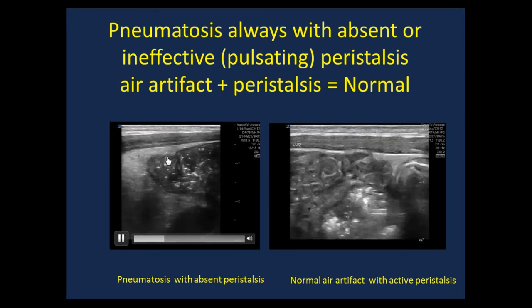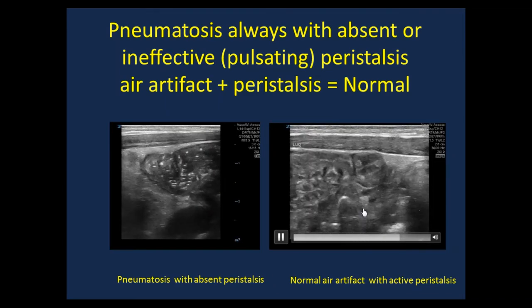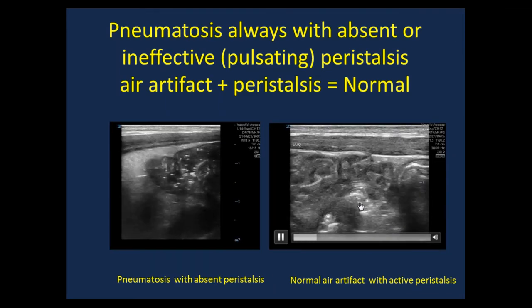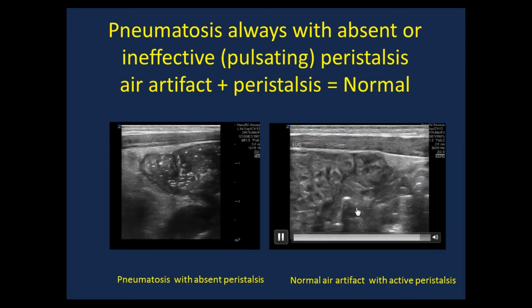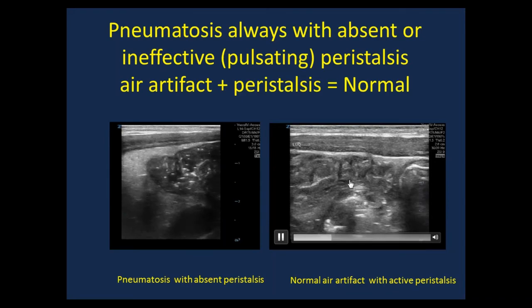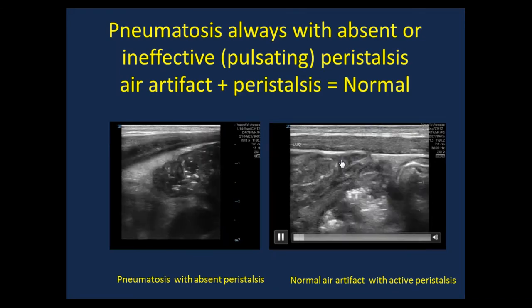They are staying with the pressure. In this area you can see the echogenic foci of air moving away, which is a sign of artifacts. And there is active peristalsis and overall normal-looking hypoechoic bowel.